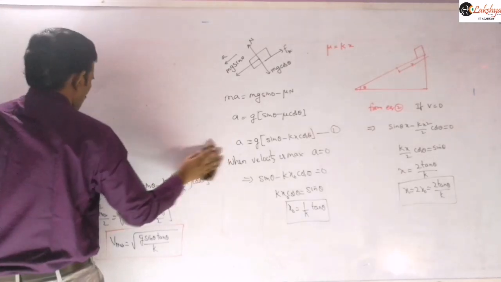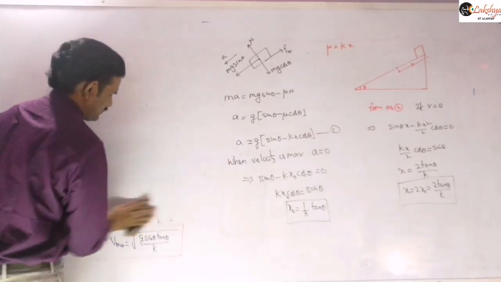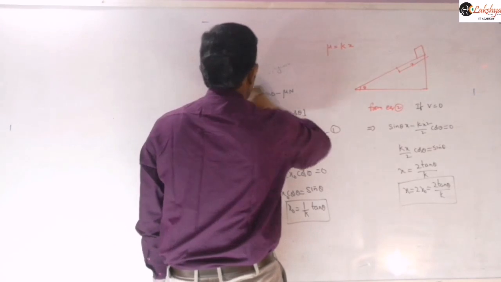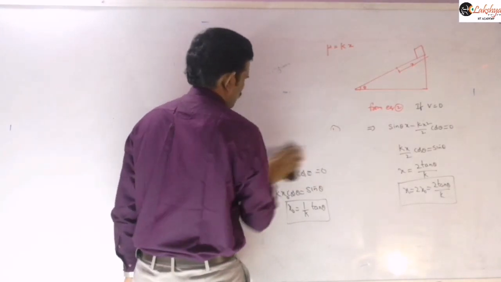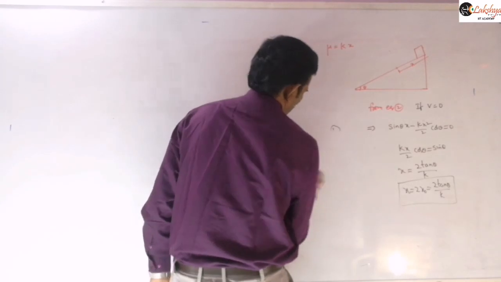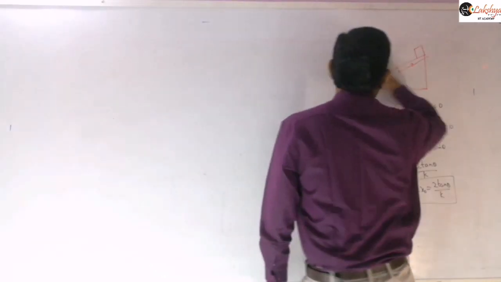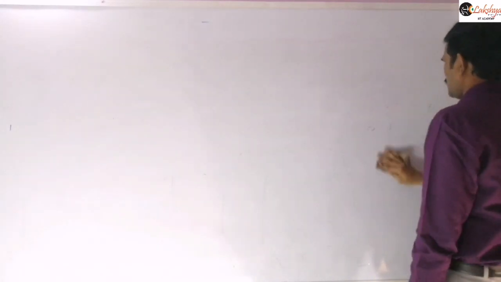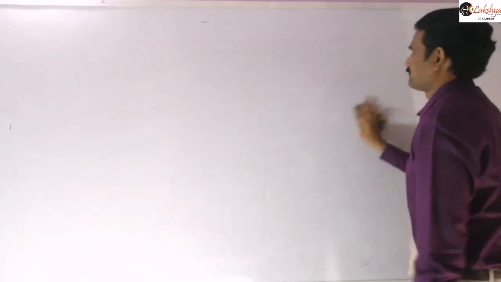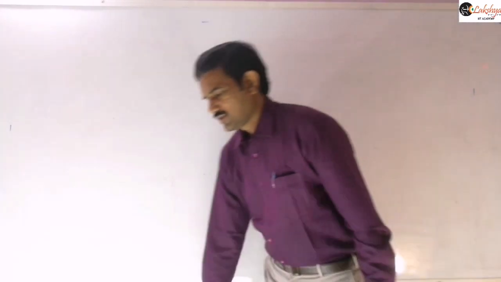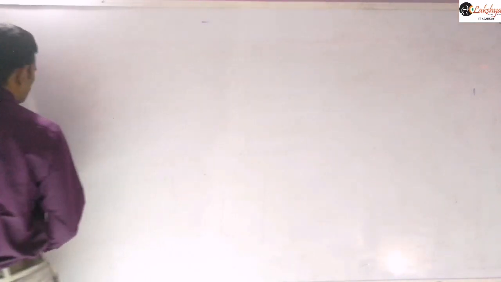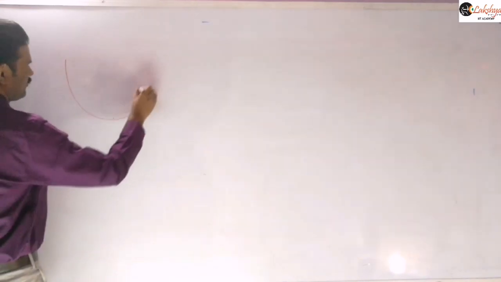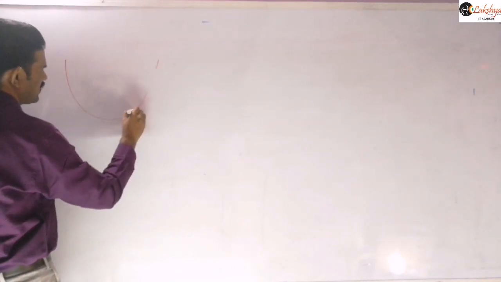And next let us write some general problems here. General and standard problems will be there. So let us write those problems. So note down that a small insect starts crawling up the hemispherical bowl of radius r.